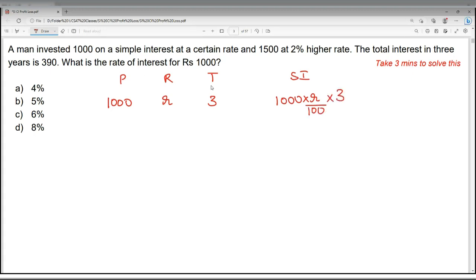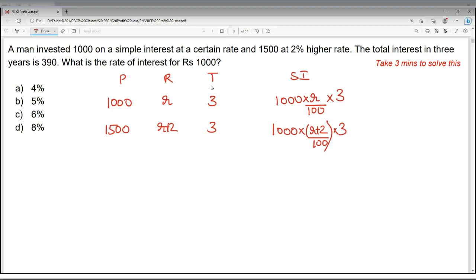Then they're saying 1,500 was invested at a 2% higher rate, that is R plus 2. Again the time period was 3 years, and the simple interest in that case would be R plus 2 by 100 into 3.